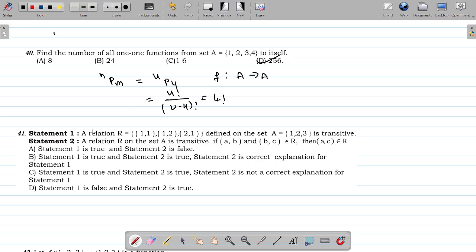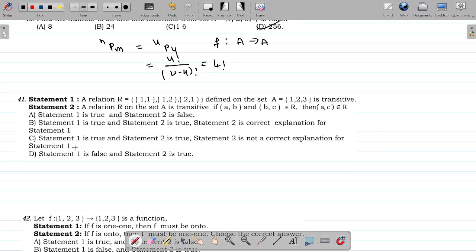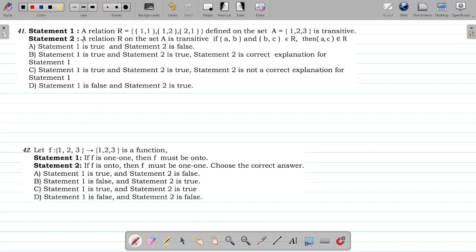Next question. Statement questions. First statement: a relation R which contains (1,1), (1,2), (2,1) defined on the set A = {1, 2, 3} is transitive. They are telling it is transitive. Transitive means it should be reflexive, right? (1,1) is there, but (2,2) is not there, and (3,3) is also not there.